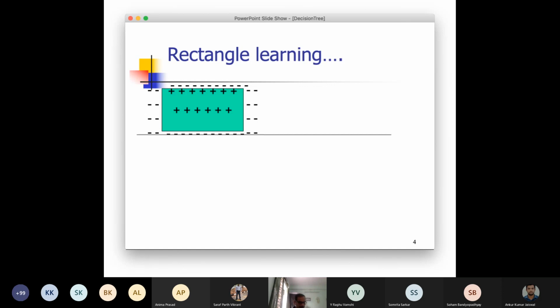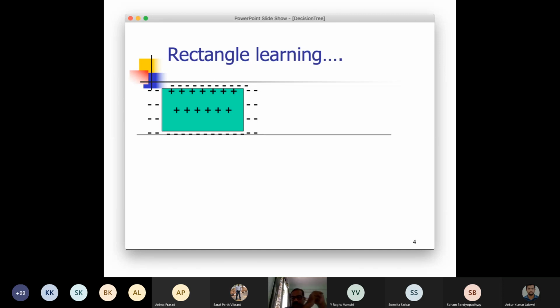So I hope you have understood the rectangle learning problem. We are learning a rectangle so that all the points within that rectangle would be labeled positive and outside would be labeled negative. So given the training examples, whether you can find a rectangle or not. Naturally, if you consider learning a single rectangle, you have certain constraints.